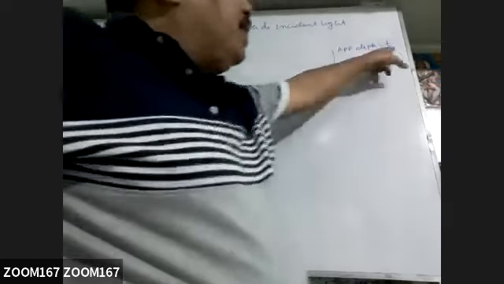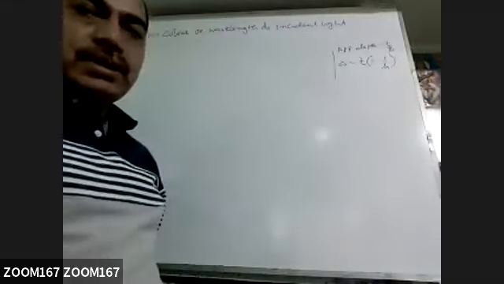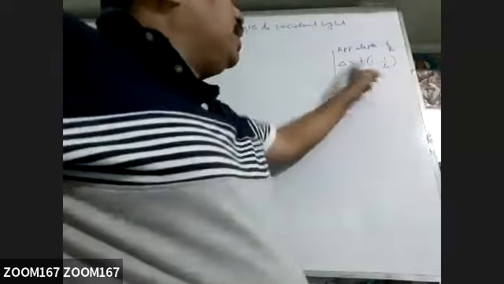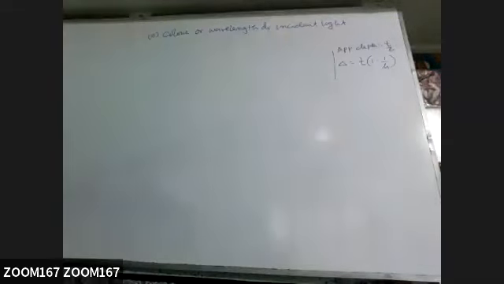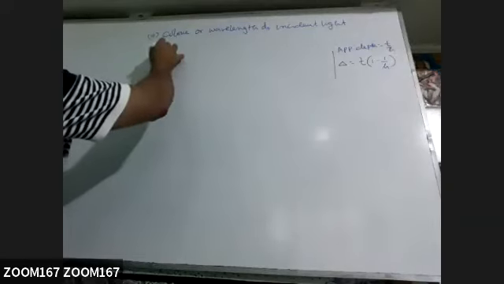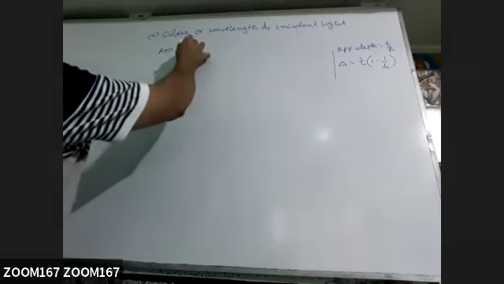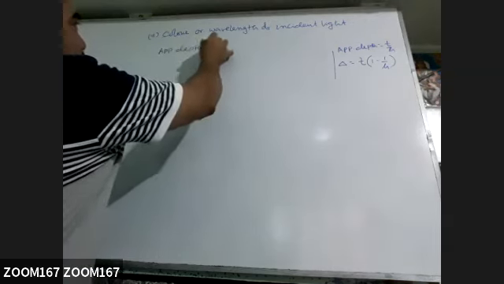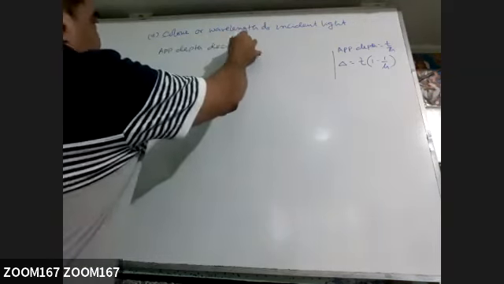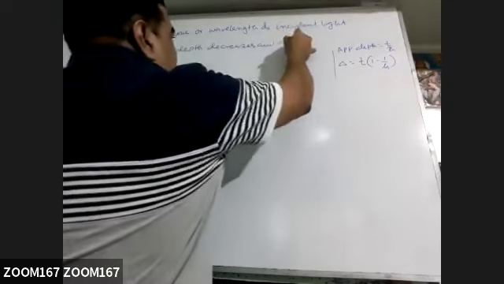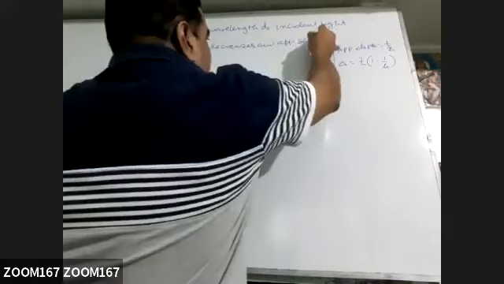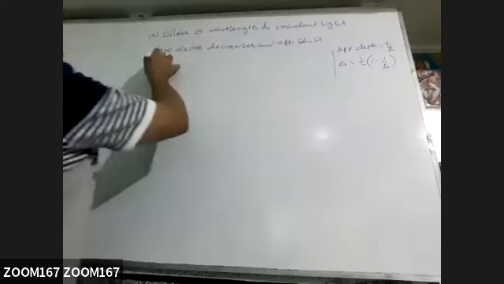So if mu increases, naturally apparent depth will decrease. But when mu increases, apparent shift will increase. So we'll write here: apparent depth decreases and apparent shift increases.